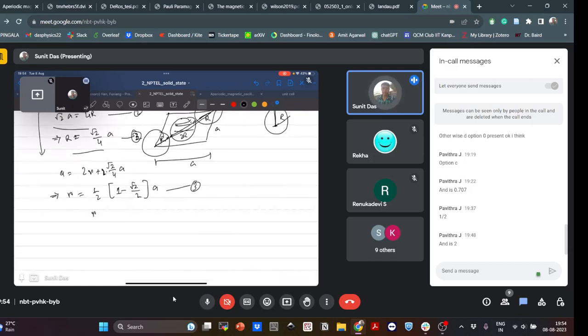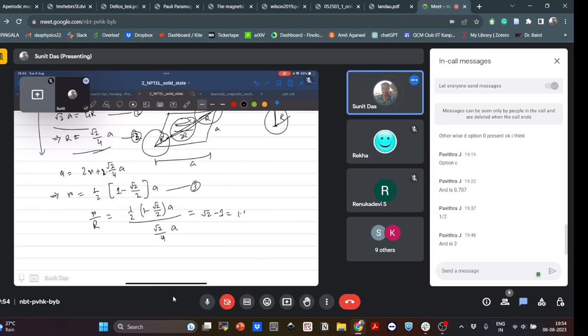So the ratio of small r by capital R is half, 1 minus root 2 by 2 a, divided by this one. If we do some simple algebra, it will be root 2 minus 1.